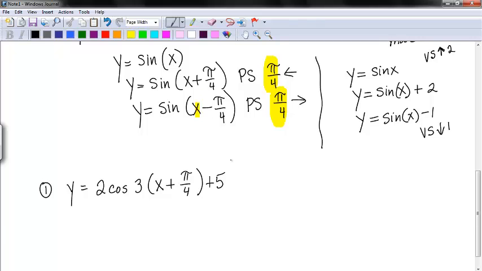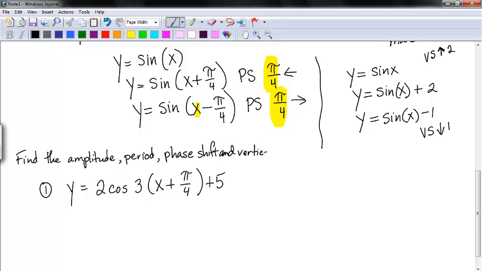And the author will say for the directions, find the amplitude, period, phase shift, and vertical shift. So in this one, amplitude, what would that be? Amplitude would be the absolute value of that number in front, so amplitude would be 2.